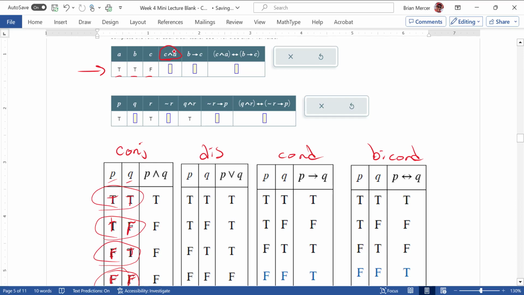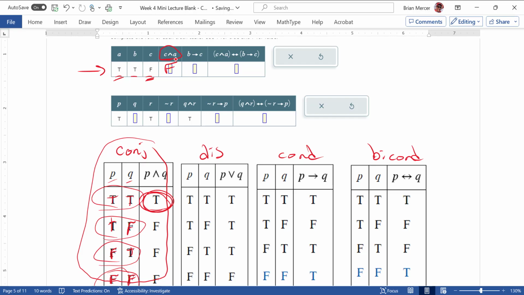The way I remember that one is that they both have to be true in order for that conjunction to be true. Because if I look at this situation here, the only time the conjunction is true is if both P and Q are true. So where I have C and A, I look and say, well, C is false, A is true, so this is definitely false because they both weren't true.